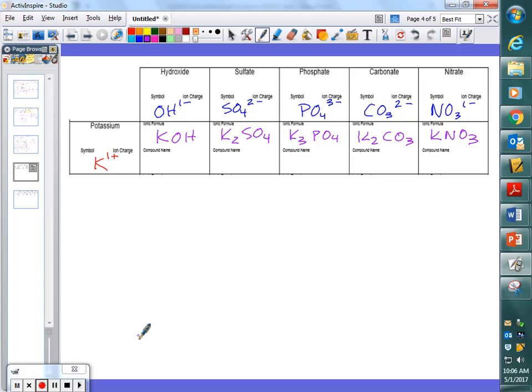That's the positively charged one. So all of these are going to start with potassium. And then the anion here is what? Hydroxide, because it's a polyatomic anion. So potassium hydroxide. Potassium sulfate. Potassium phosphate. Potassium carbonate. Potassium nitrate.